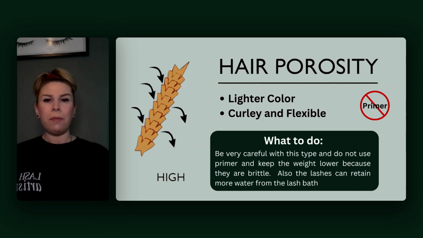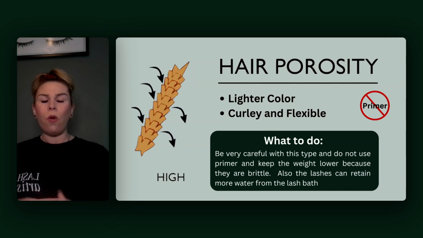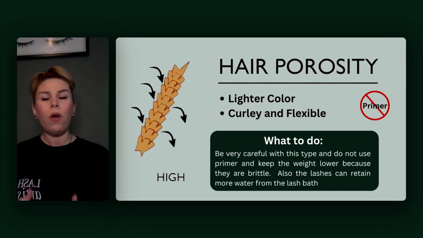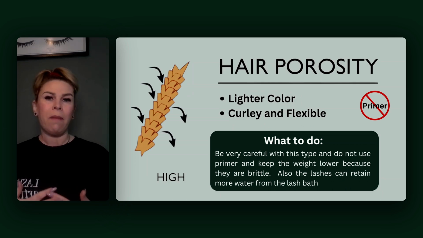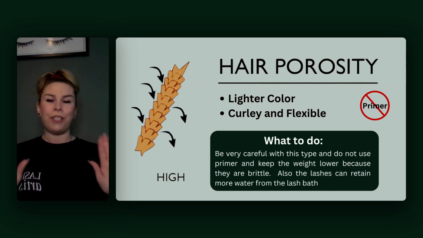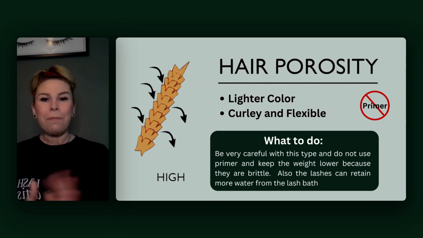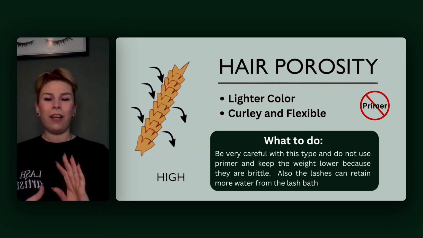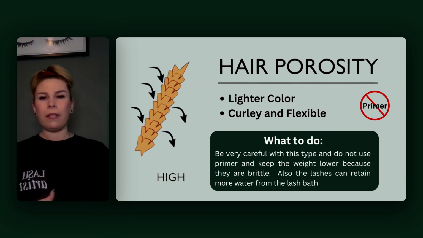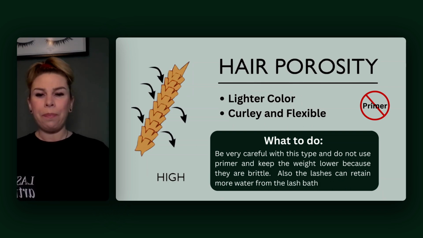So you're going to be able to test the flexibility. And once you start doing that with your clients, you're going to get to know whether they're porous or not porous, because it's going to become very obvious when their lashes have no flexibility and when they have really good flexibility.